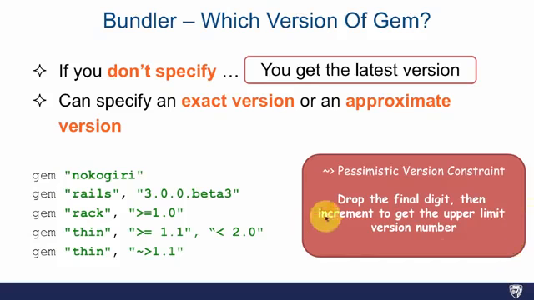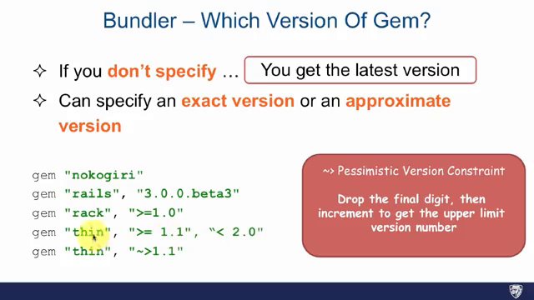And the way Bundler figures this out is that it drops the final digit and then it increments the digit to get the upper limit version number. So in this case it drops 1, and it increments this to be 2.0.